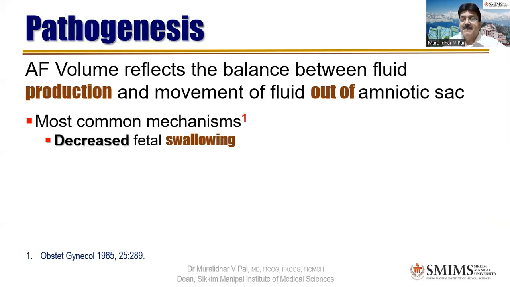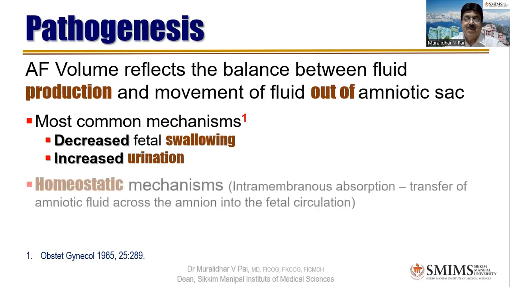So if there is decreased fetal swallowing, obviously there will be polyhydramnios. And increased urination. As I just now told you, there is a contribution from the baby in the form of urination. So it keeps on urinating, but if swallowing decreases, then there is a problem, an imbalance. Then there is a homeostatic mechanism, that means intramembranous absorption.